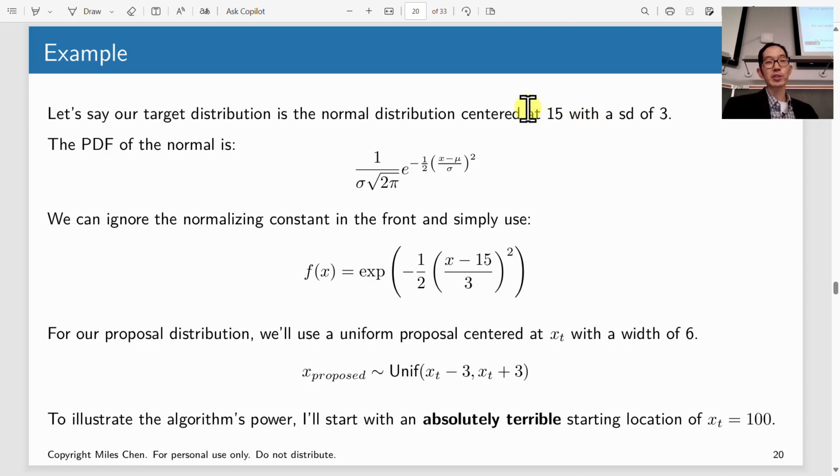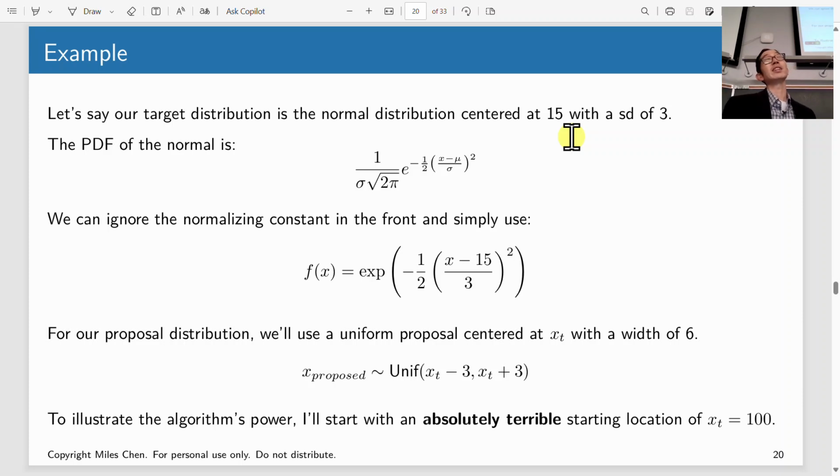So let's think about our target distribution. We want our data to follow a normal distribution centered at 15 with a standard deviation of 3. So 95% of our values are going to be 15 plus or minus 6. So 95% will be between 9 and 21.